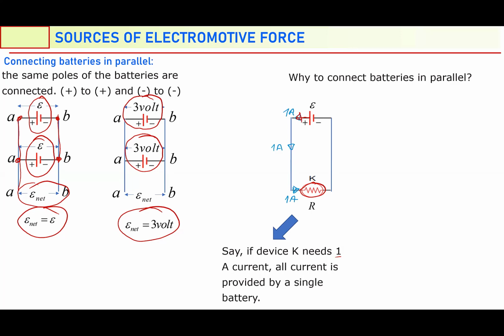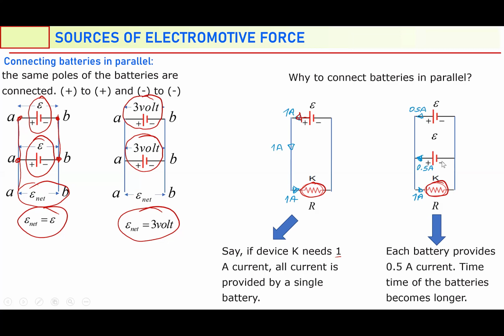But if we use two EMF sources in parallel, two batteries in parallel, this lamp still needs 1 ampere current, but each battery this time provides 0.5 ampere current. Yani 0.5 comes from the first battery, 0.5 comes from the second battery. Sum of them, 0.5 plus 0.5, becomes 1 ampere.